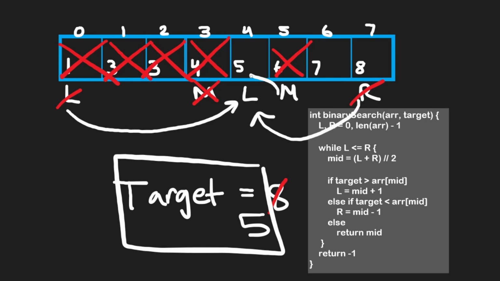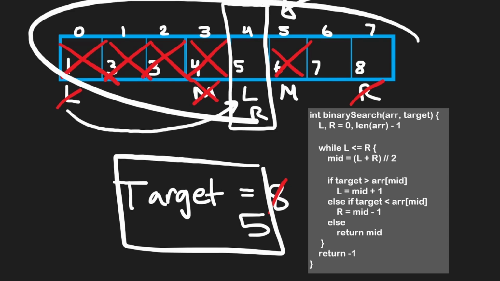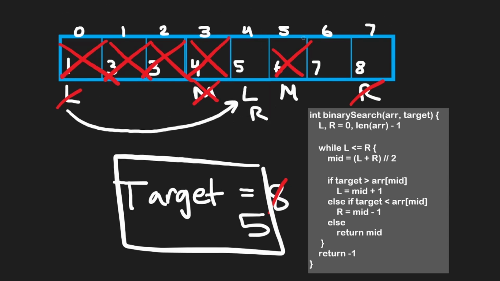It's to the left of mid, so this is where our right pointer is going to go, and you can see our left pointer is also at that position. What that means is our search space was reduced to a single value. That's good because that means we're either close to finding our result or our result doesn't exist in the input. By the way, if we're searching to the left, that means we removed all of these from consideration.